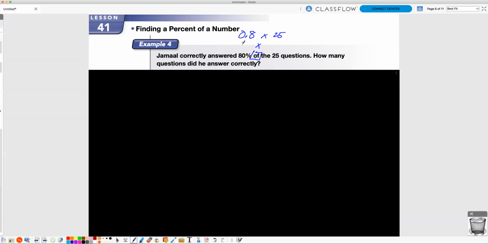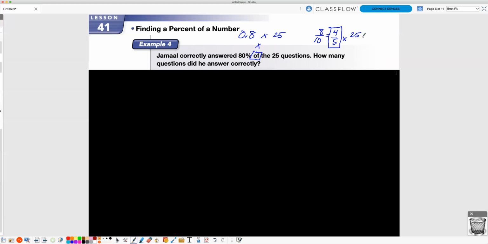Or I could change that into a fraction, and 80% would be 8/10. That would also reduce, since both are divisible by 2, to 4/5. Ooh, I like this. I'm liking the way this is working out. I like to use 4/5 now, and then I'm going to take that times 25.